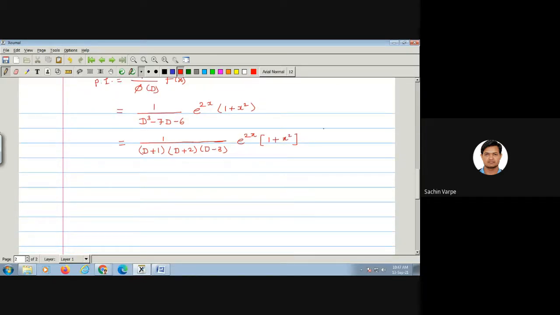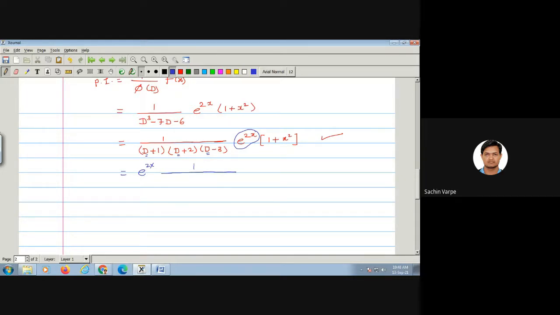What this case says, for e to the power ax into V, is to write this exponential function outside the operator first. When we write e to the power 2x outside the operator, there will be a change in the operator: D will be replaced by D plus a.